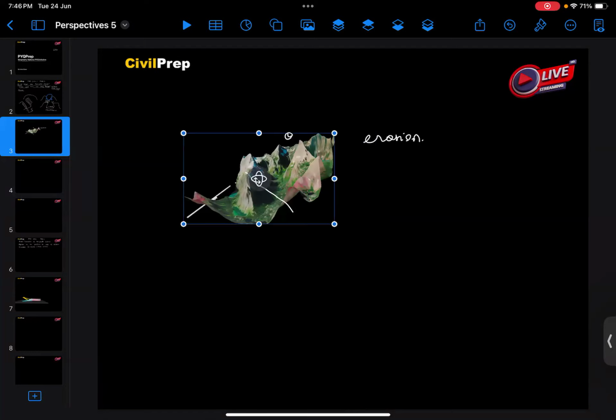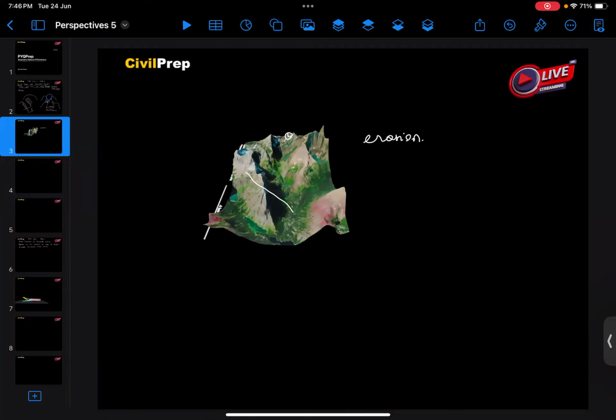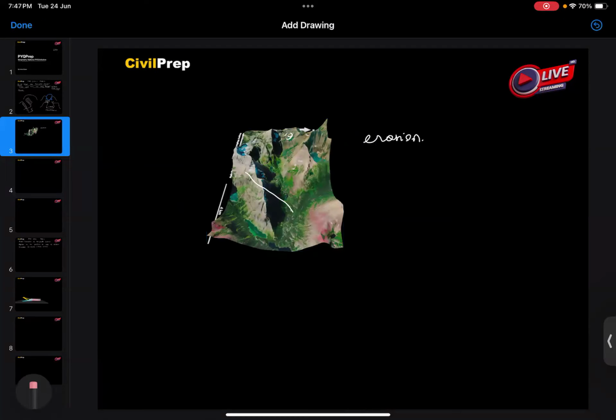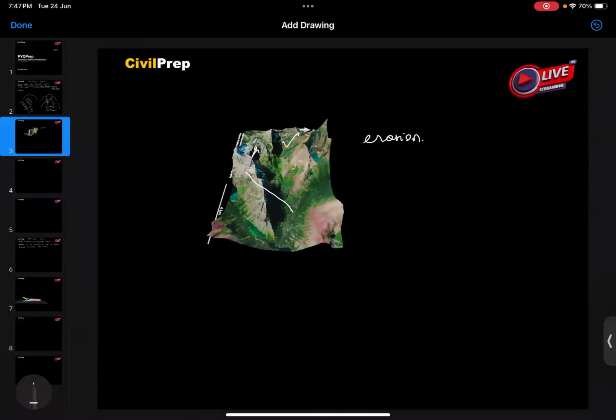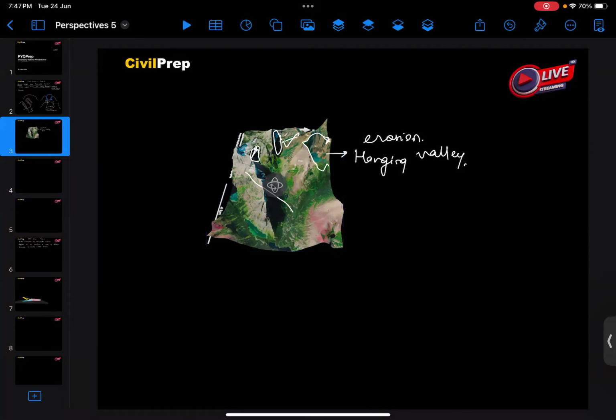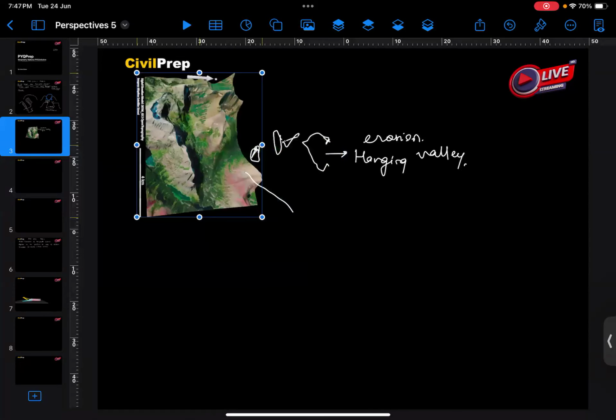This particular valley, and this part here, are the aspects of the hanging valley. In this diagram, we are able to understand what this hanging valley is and how it is formed.